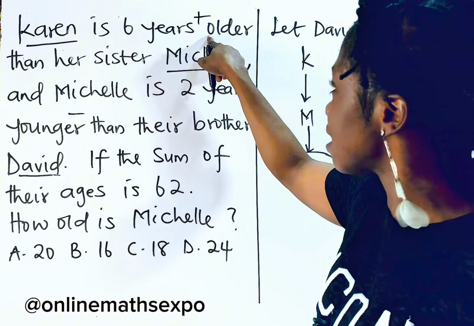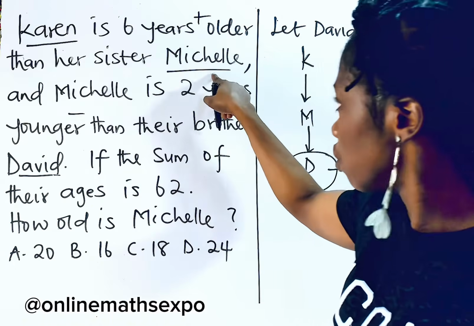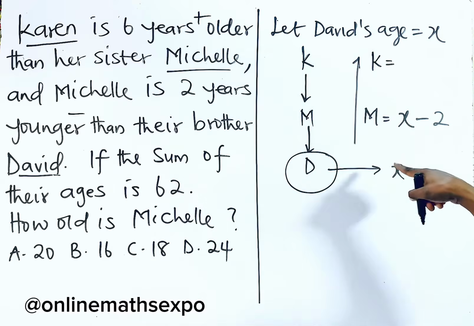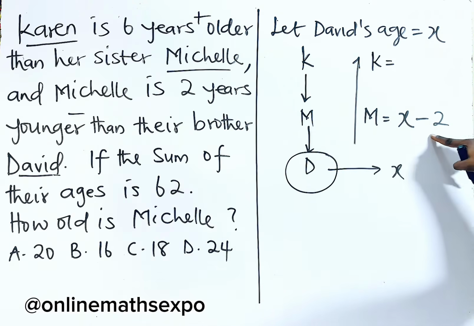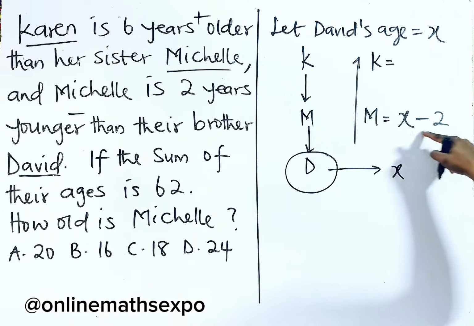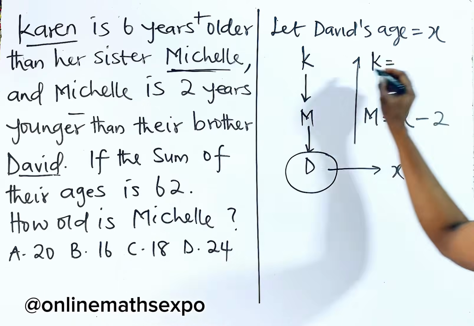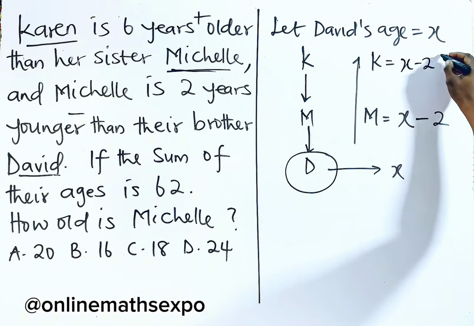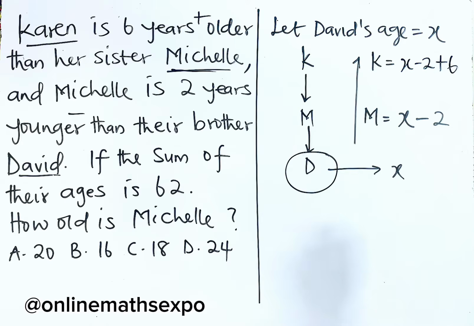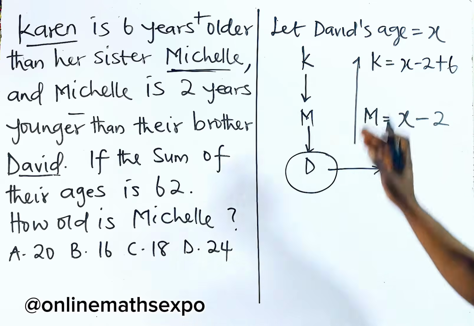So you add 6 to Mitchell to get Karen's. What did we say Mitchell is? We have seen that Mitchell's age is x minus 2. So for Karen, we repeat Mitchell's age, then we add 6 to it. So it's going to be x minus 2 plus 6. Did you see how we got that? We went in a reversal form.